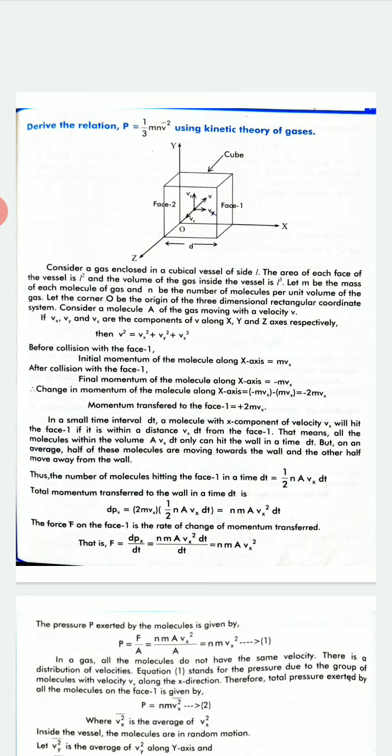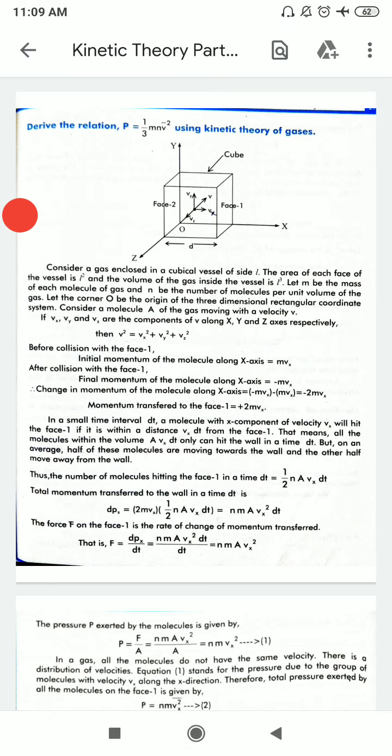Suppose L may be the length of any side. Then L square is the area of the vessel face and L cube is the volume of the vessel. Let small m be the mass of each molecule that is moving randomly here and there in that container.